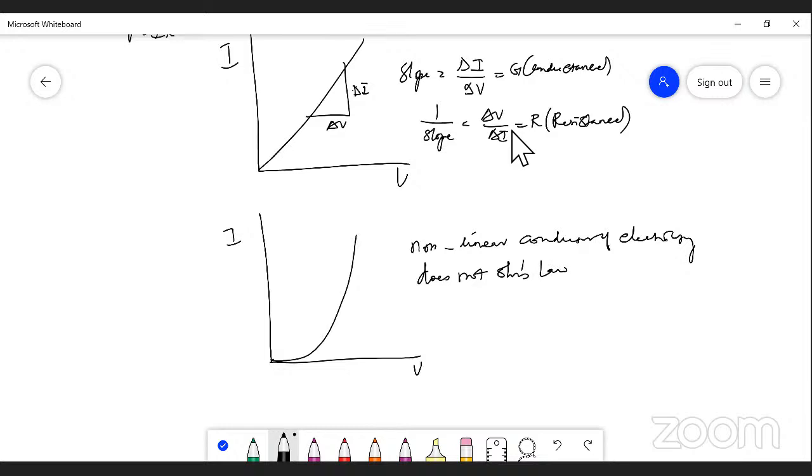So those conductors which obey Ohm's law are termed ohmic conductors. Those which do not obey Ohm's law are termed non-ohmic conductors.